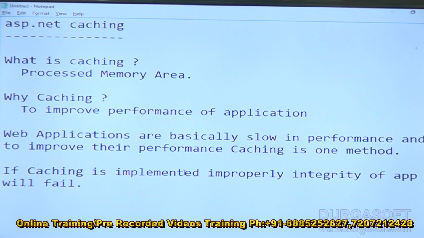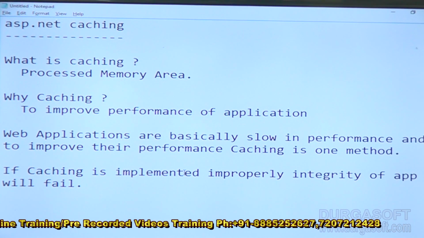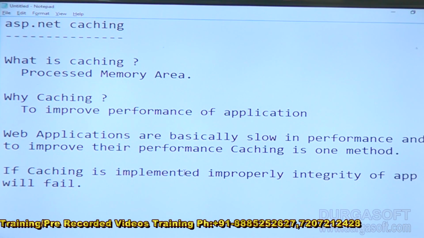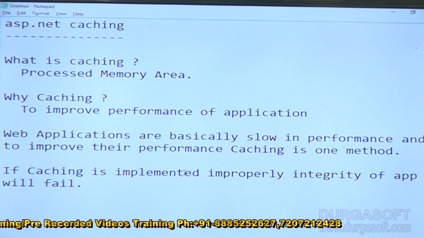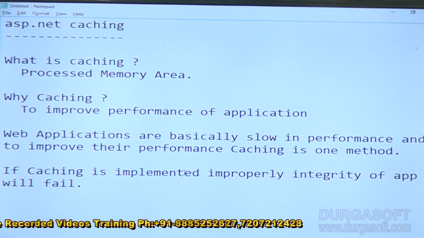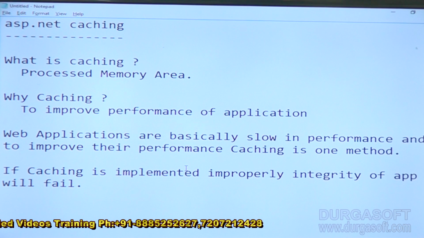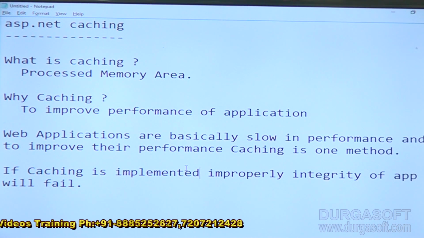Okay, so that means what? As a developer, our challenge is not just to implement caching and improve the performance of the app. Our challenge is to implement caching without breaking the integrity.